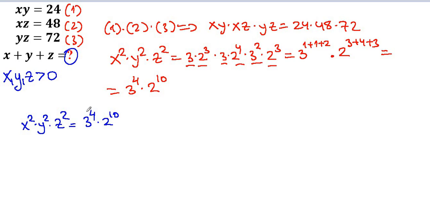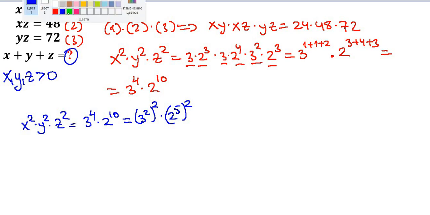And now how can we get a perfect square on the right hand side? We know that I can express 3 to the power of 4 as 3 squared to the power of 2, and 2 to the power of 10 as 2 to the power of 5 to the power of 2.